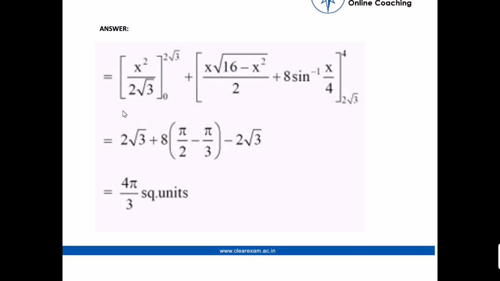After putting in the range, we will get 2 root 3 plus 8 times (pi by 2 minus pi by 3) minus 2 root 3. After solving this, we will get 4 pi by 3 square units. This will be the area of the circle and line intersection in the first quadrant. So this will be the answer. Thank you.